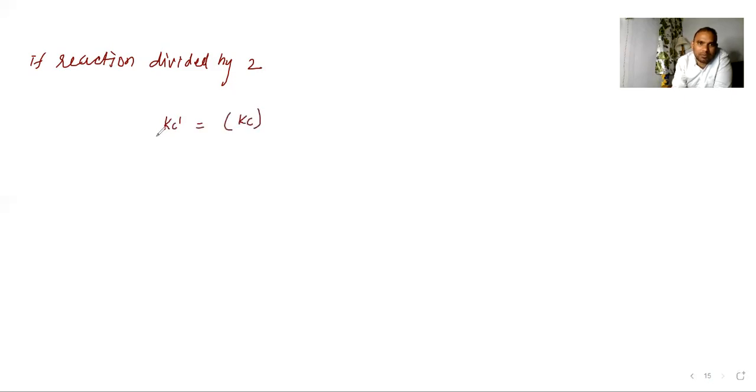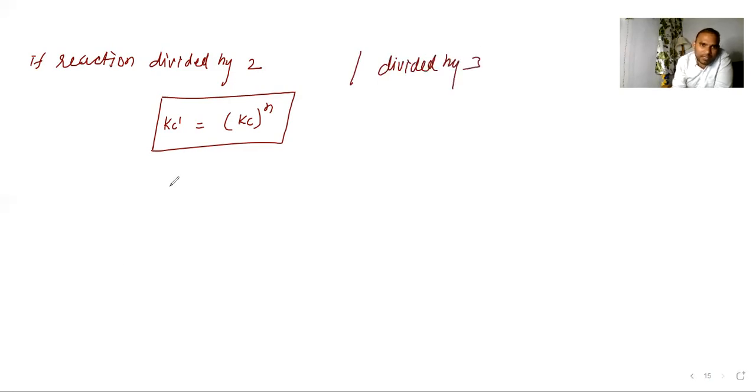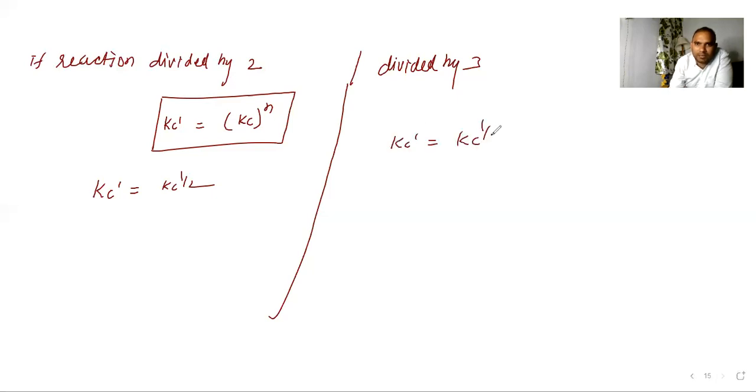That's very simple, for divided by 2 or divided by 3 also. In case of divided by 2, Kc dash is equal to Kc power 1 by 2. Divided by 3, Kc dash is equal to Kc power 1 by 3.